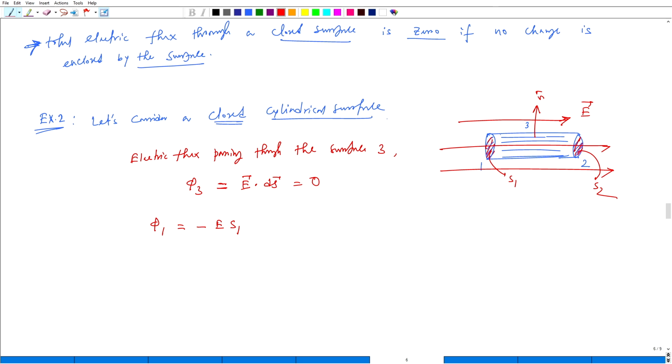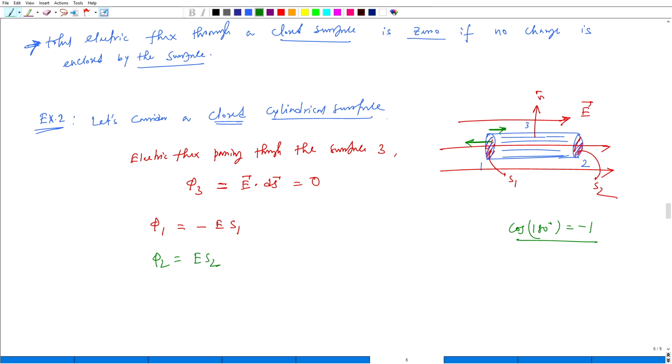In this case the area vector is in this direction, but the electric field vector is in this direction, right. So if we consider the dot product, then there is a minus sign, because cos 180 degrees gives minus 1, and similarly phi 2 is plus E S2, right.